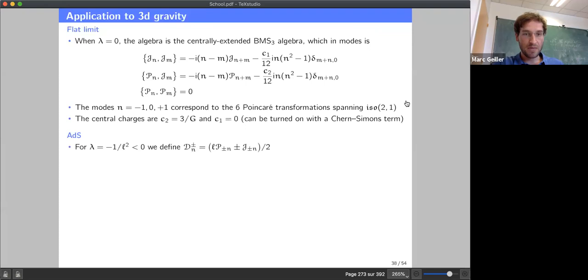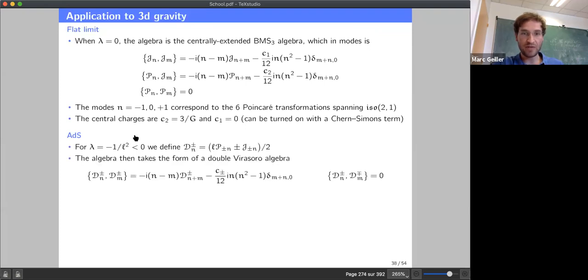Then what I didn't mention, or only very briefly at the end of the previous lecture, is that if we do not take the flat limit, if we still work with the cosmological constant, in the case where we are in AdS, so where the cosmological constant is negative, then we can do a slight redefinition of the diffeomorphism generators. And if we do this, we put the asymptotic symmetry algebra in the famous form of the double Virasoro algebra.